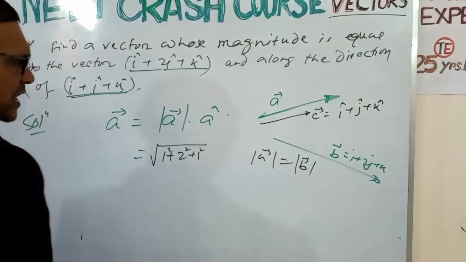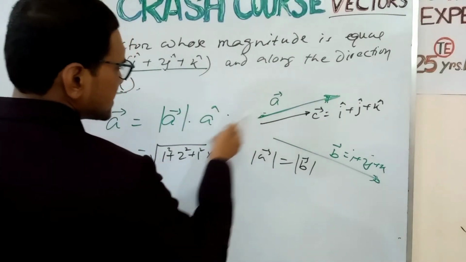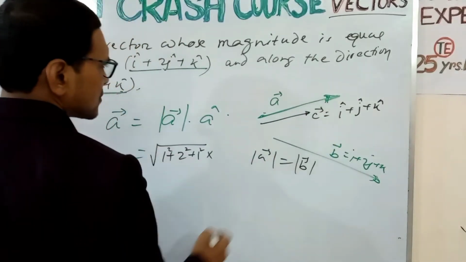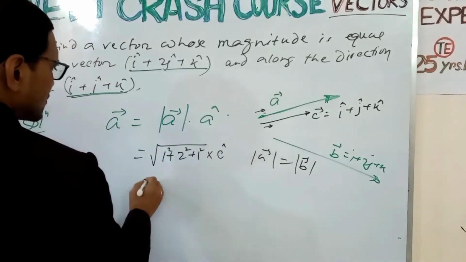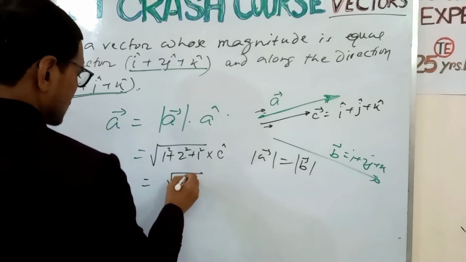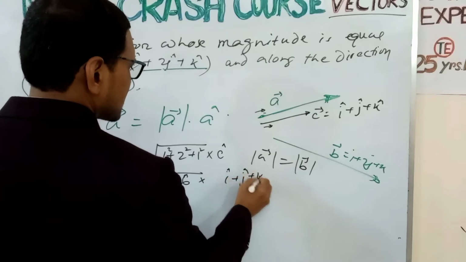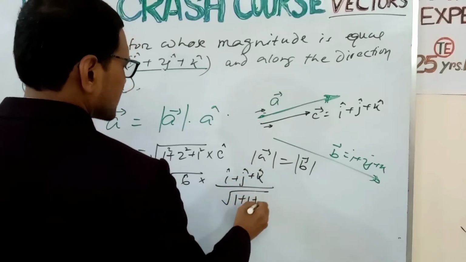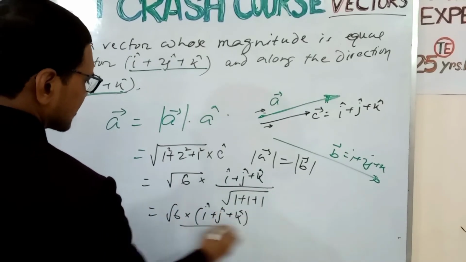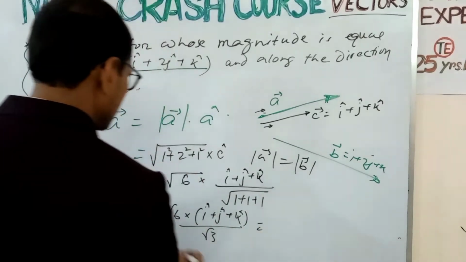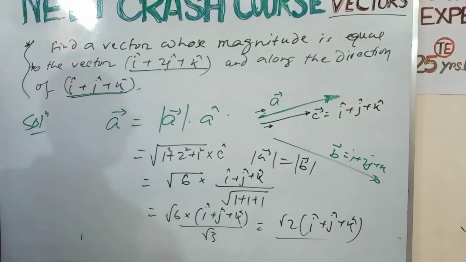This is the magnitude, and the direction is along C. A and C are along the same direction, so the unit vector of A is along the unit vector of C. The unit vector of C is the vector by its magnitude, that is this. So this is the answer.